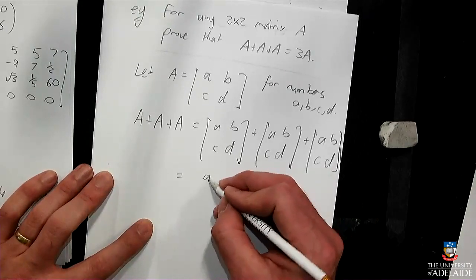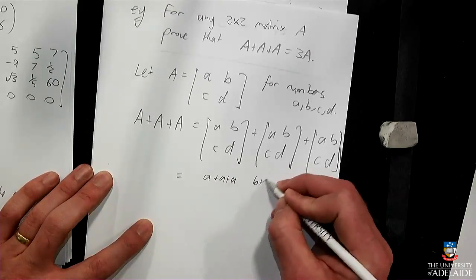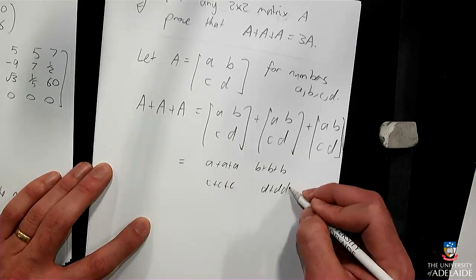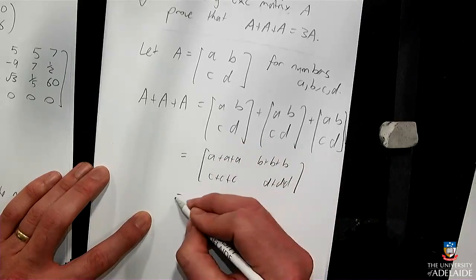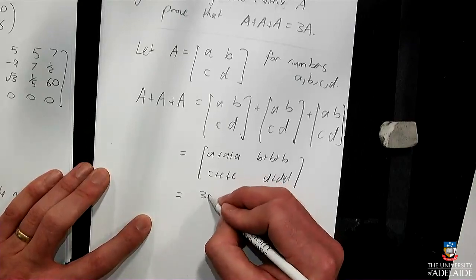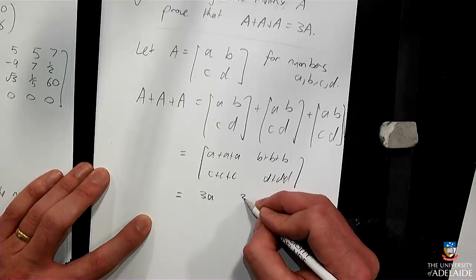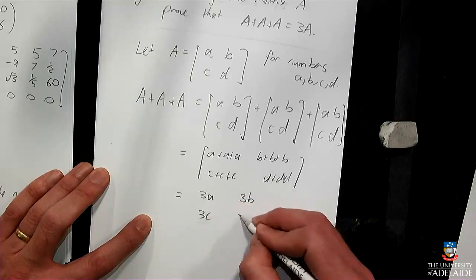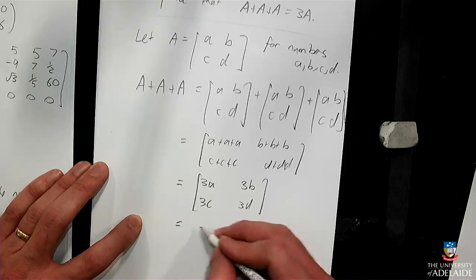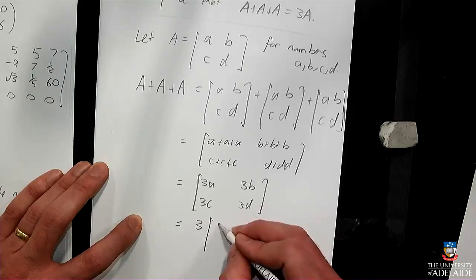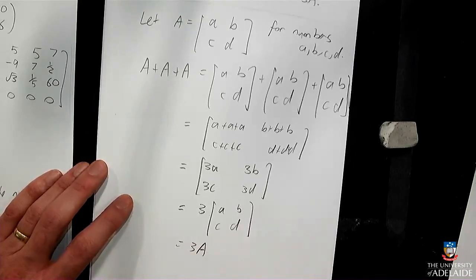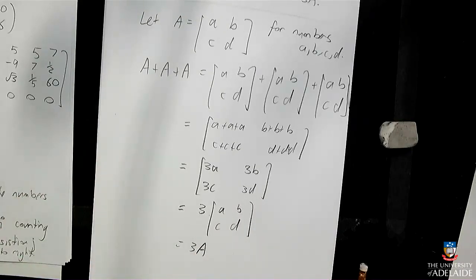And so that's going to be A plus A plus A, B plus B plus B, C plus C plus C, D plus D plus D. And now these are numbers, and for numbers we do know that A plus A plus A is the same as 3A. And we do know for numbers that B plus B plus B is 3B. And this is the same answer we would have gotten if we had done 3 times A, B, C, D, which is the same as 3A. So we have proved it. We have proved that A plus A plus A is the same as 3A.